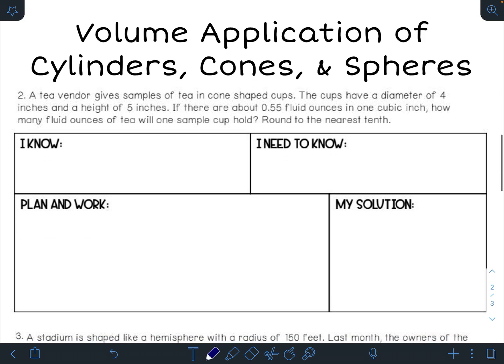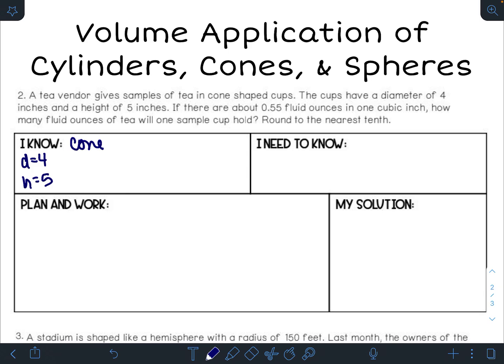On the next one, a tea vendor gives samples of tea in a cone-shaped cup. So I know that this is a cone. That's super duper important to identify because you have 3 different formulas, so you need to make sure you identify what shape you're dealing with. The cups have a diameter of 4 and a height of 5.